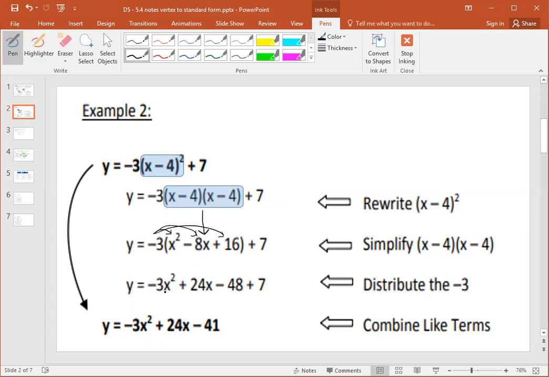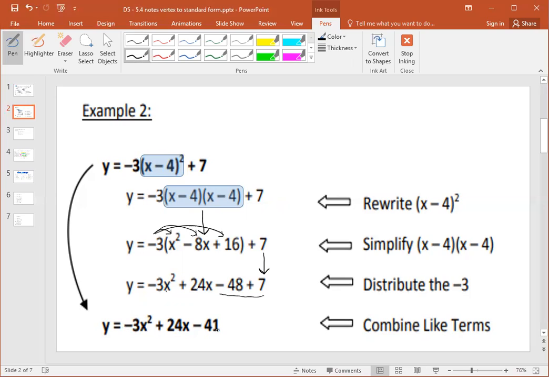So -3x squared, positive 24x, and then -48. I have to make sure I bring down my 7. Then I'm going to combine these two terms, and that gives me -41. So my final answer is -3x squared plus 24x minus 41.